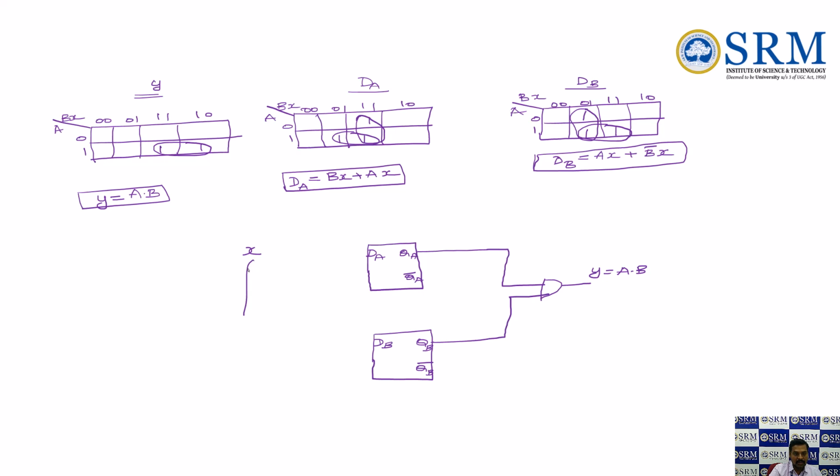So X was here. So I'm going to have one AND gate. For that, what is the first input? It is B as well as A. The second input is the output. So now here it is AX. Now this has to be added with an OR gate.